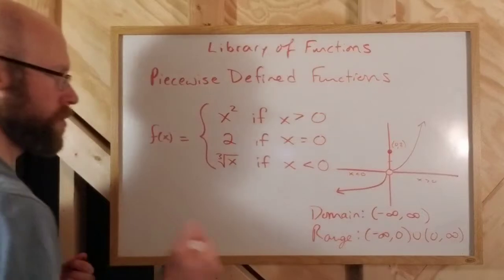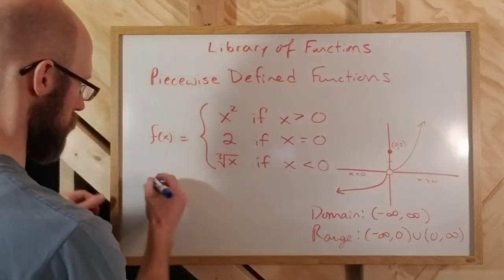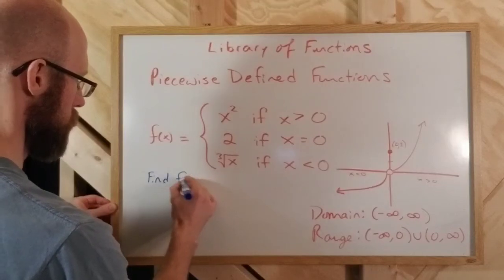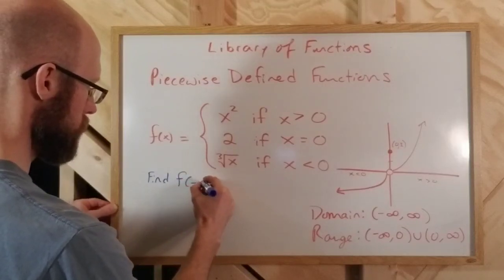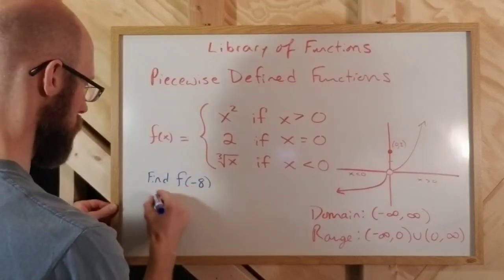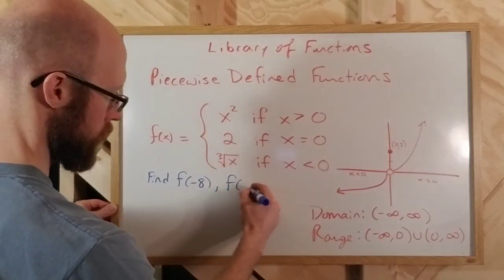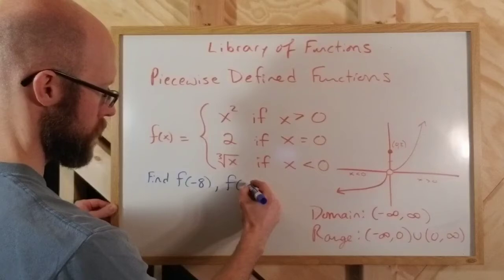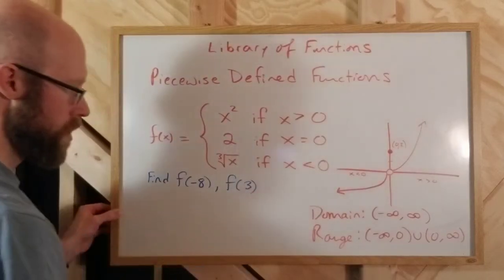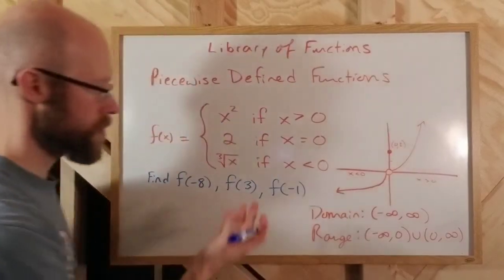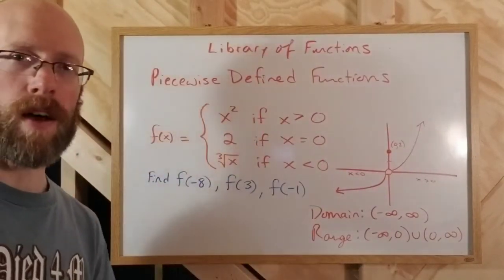I'm going to give you just a couple things: find f of negative 8, find f of positive 3, and maybe find f of negative 1. So there's 3 different values to find.